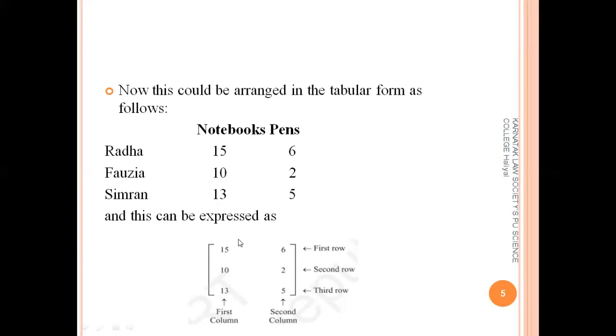And the vertical lines of elements are said to constitute the columns of the matrix. There are 2 columns, that is first column and second column. In this way, we can express the matrix. An arrangement or display of the above kind is called a matrix.